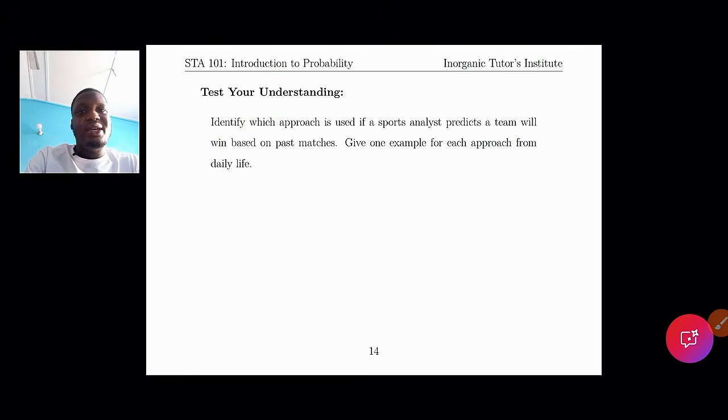It's not from his knowledge, but from what he has witnessed in a couple of matches that they've played. So this will fall under an empirical way of assigning probabilities.